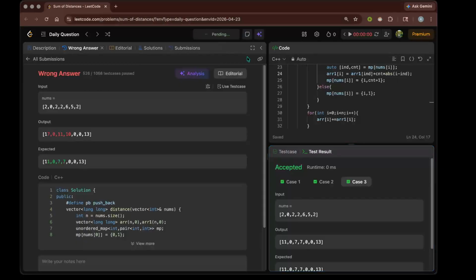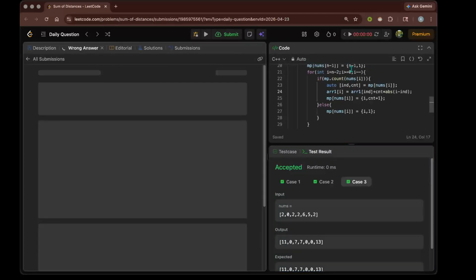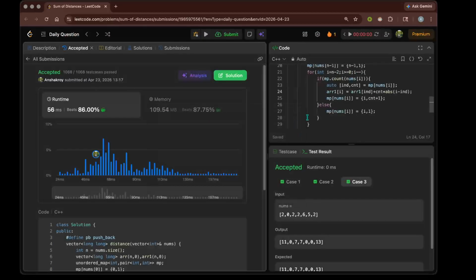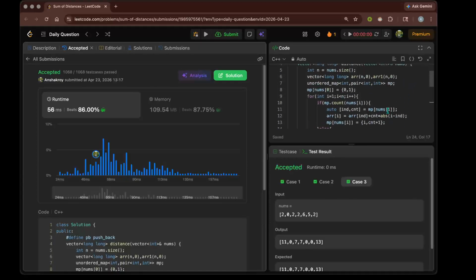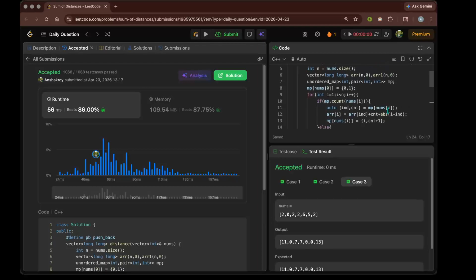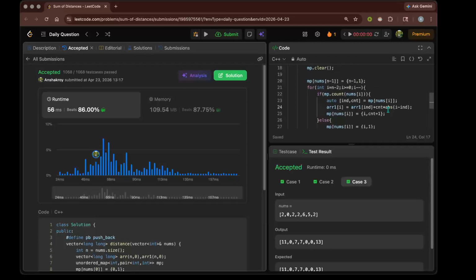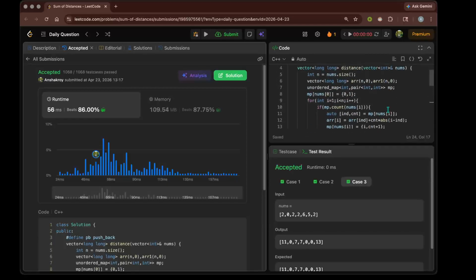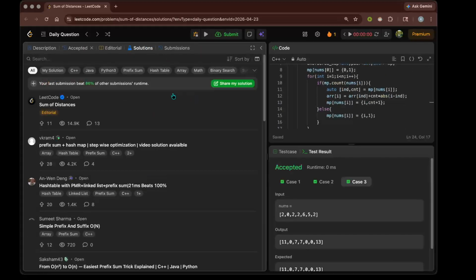Okay. It's accepted. Nice question, I would say. It's a bit using a formula, and it's taking big O of n at max. Okay, time complexity. Let's see what solution it gives.